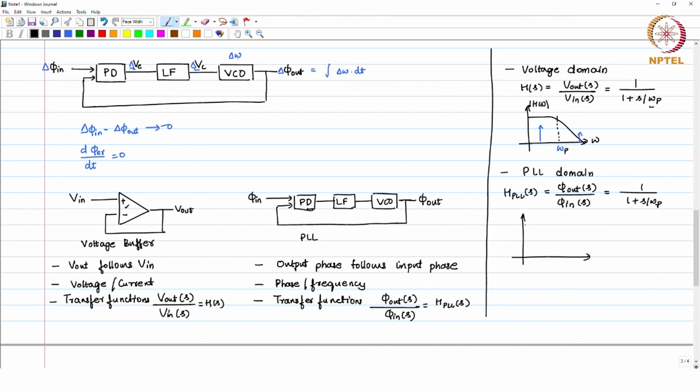Here the transfer function which I am plotting is for input phase and output phase, not for input voltage and output voltage. This is something which you should be clear about.